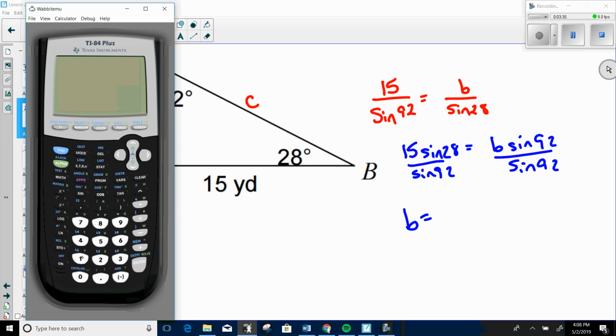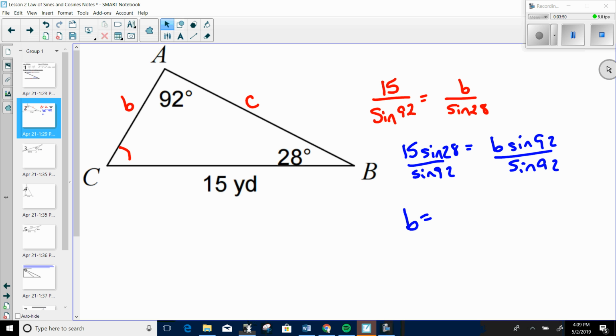We hit 15 sine 28, close the parentheses, divided by sine of 92, and we hit enter, and we get B equals 7.05. We round to 2 decimal places, and the unit of measurement would be yards. Okay? So there's that one.